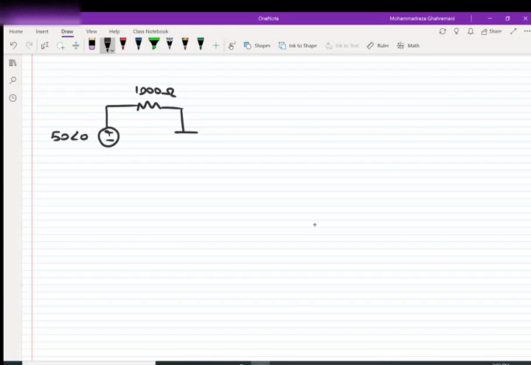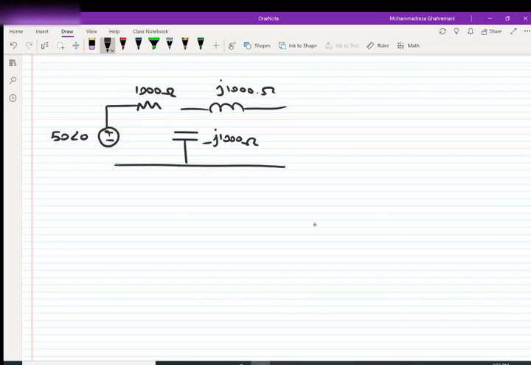Then we have a capacitor, negative J 1000 ohm. We have an inductor, J 1000 ohm. And here is ZL.